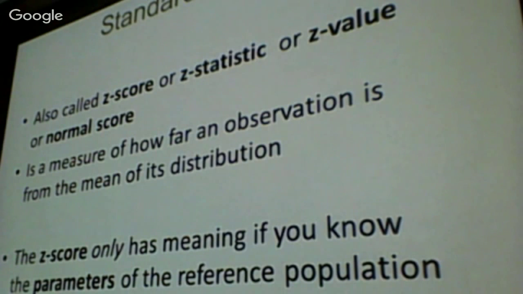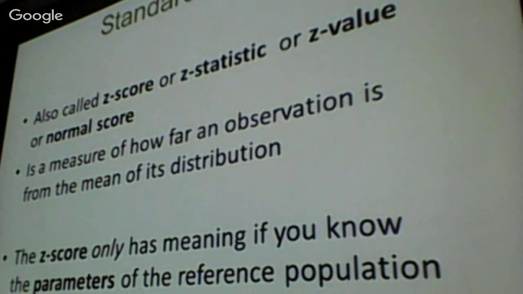For example, if I'm going to figure out what your standard score is on the MCAT, I need to know what the average score of the MCAT was for everybody, or for last year, or something like that. So when you do write the MCAT, they will compute everyone's average score and give you a z-score relative to that. And you can compare that to previous years and so forth.